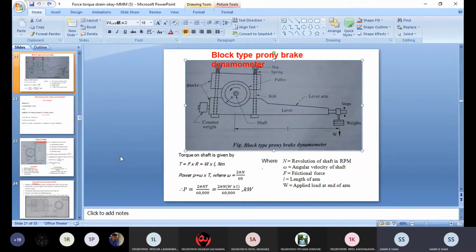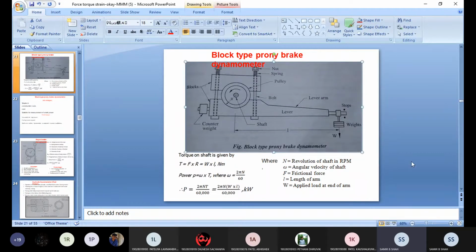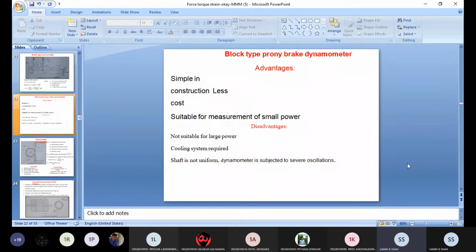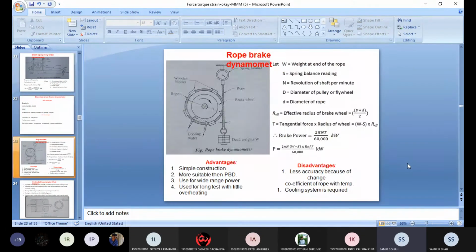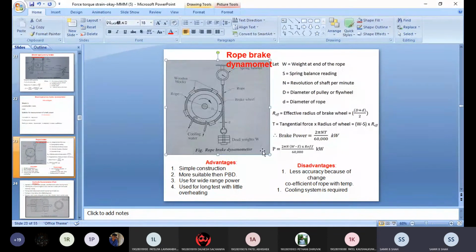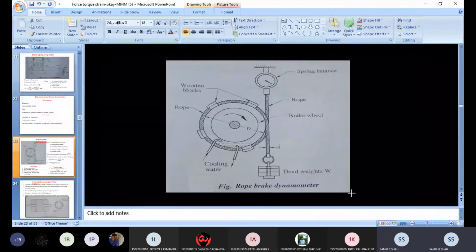Construction is somewhat very easy, suitable for measurement of small power. You have to remember it is used only for small power, otherwise it is called a rope brake dynamometer.